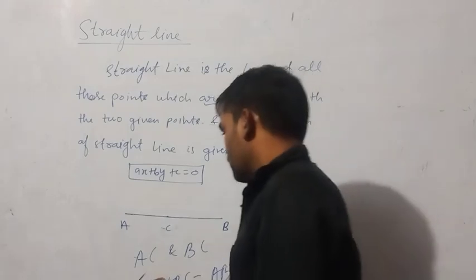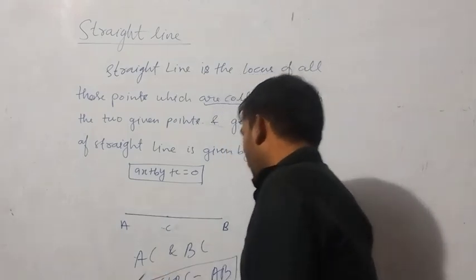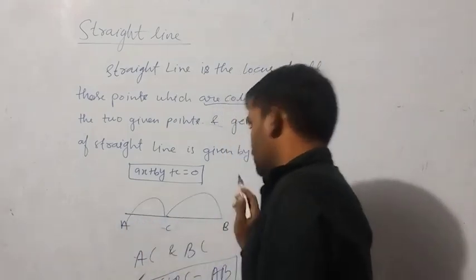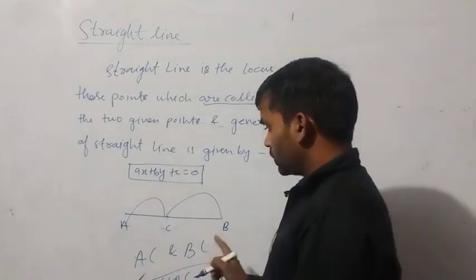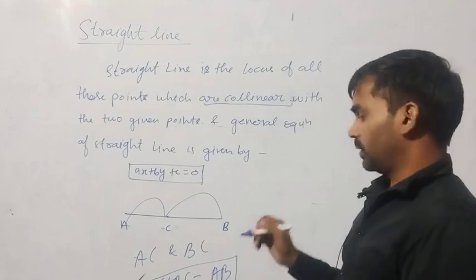Then we can say that the 3 points A, B and C are collinear. So this is the definition of collinearity.